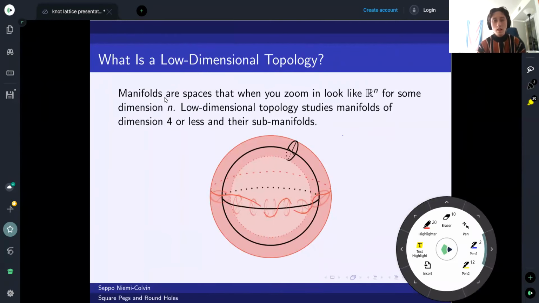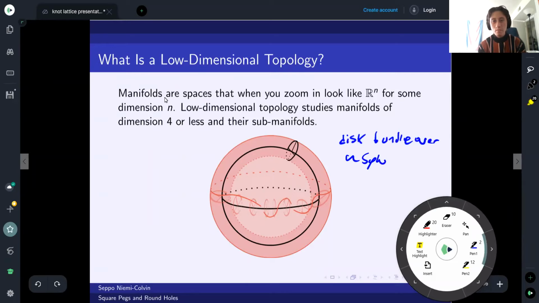This is called a disk bundle over a sphere, and this is the usual sphere S^2. Basically, we have in black a sphere, and at every point we have thickened it up by a disk.